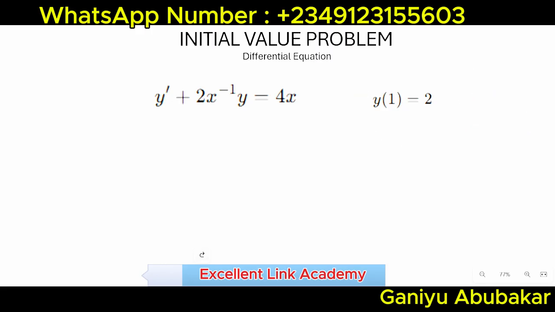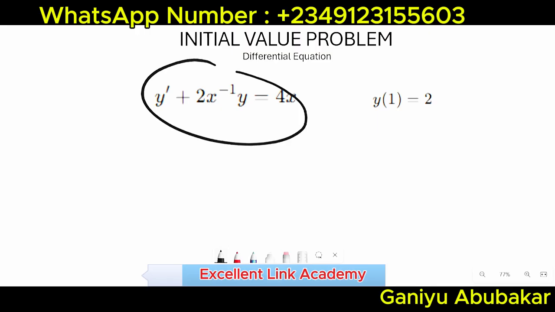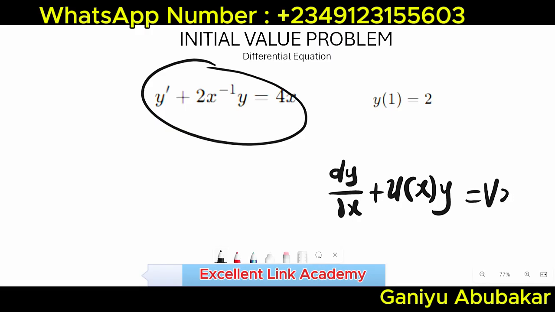Proceeding, your very first task when it comes to solving this problem is to solve what you are given normally. This question is under the fourth method, which is called solution to first order non-homogeneous differential equation, because it comes in the form dy/dx plus u of x y equals v of x.